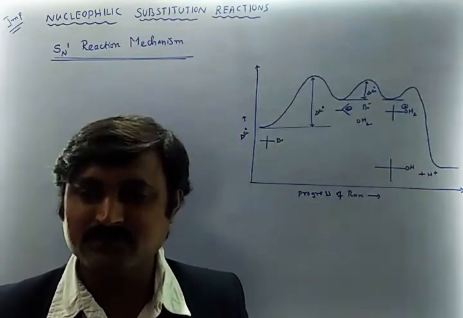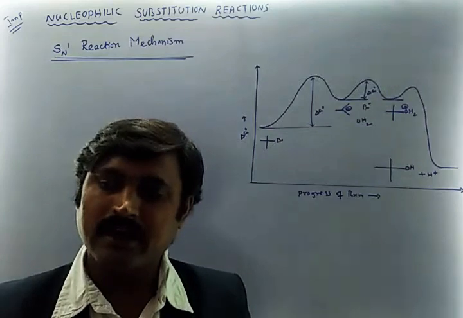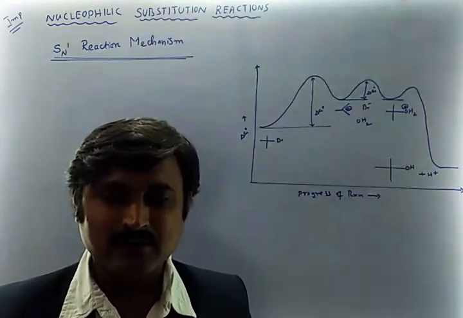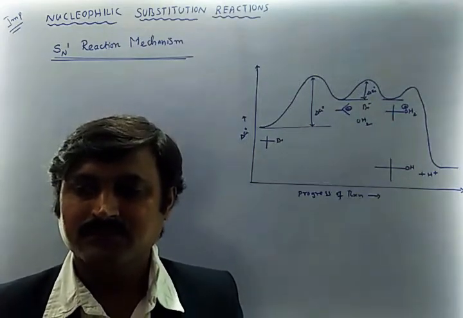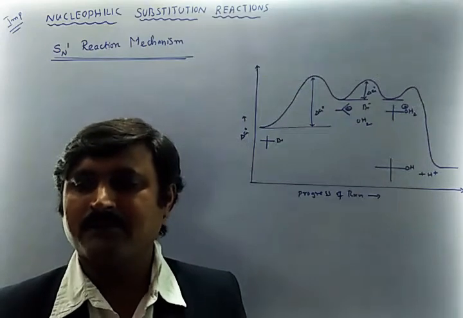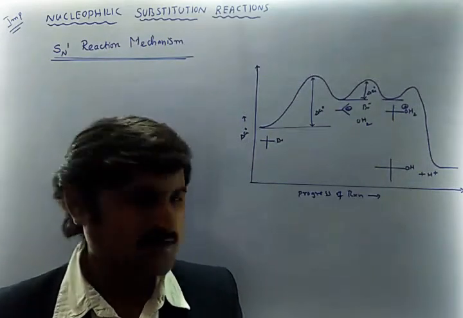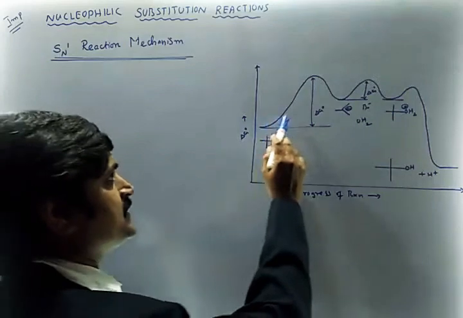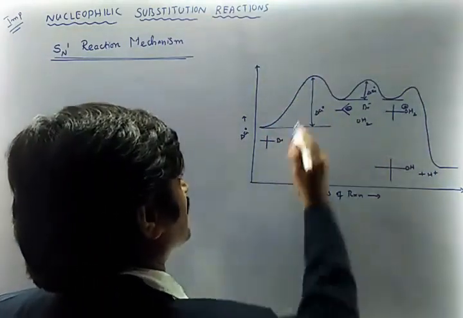So what we understand is that tertiary alkyl halides are more reactive than secondary alkyl halides, which in turn are more reactive than primary alkyl halides in Sn1 reaction. So this is the first peak we obtained.